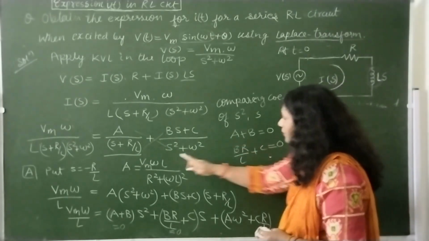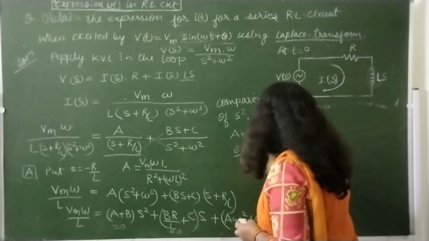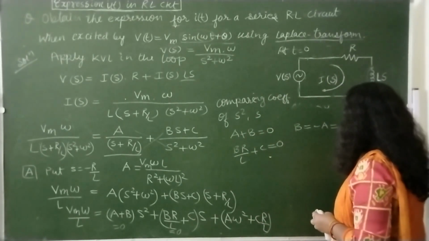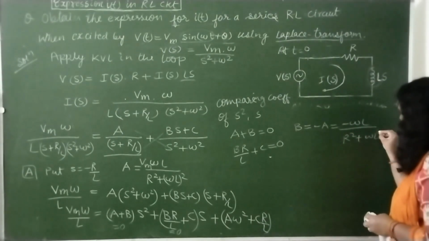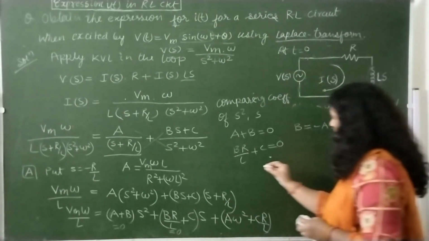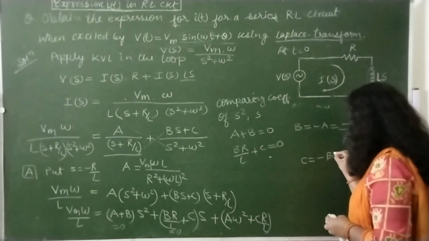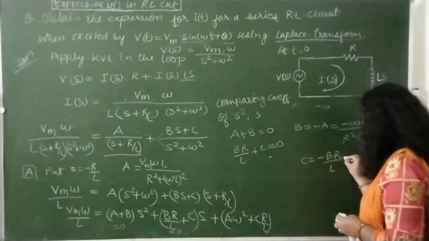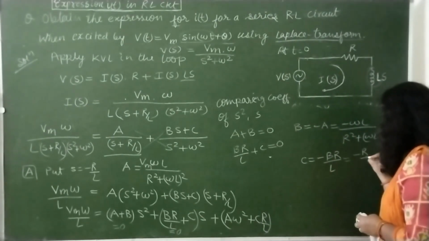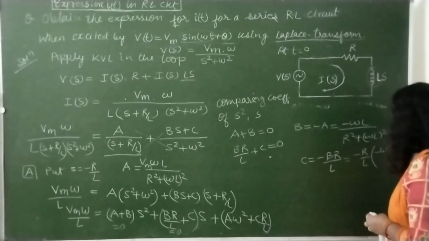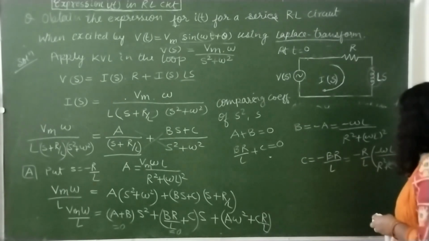We already got the value of A, so B is equals to nothing but minus A, that is minus omega L divided by R square plus (omega L) whole square. To find the value of this C, it is nothing but minus B R by L. Okay, and our B is minus omega L divided by R square plus (omega L) whole square.